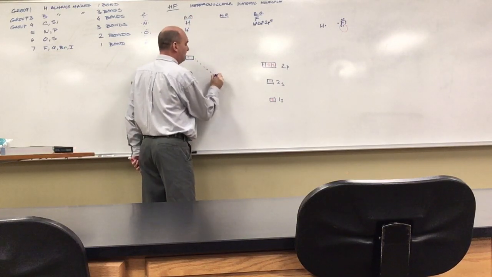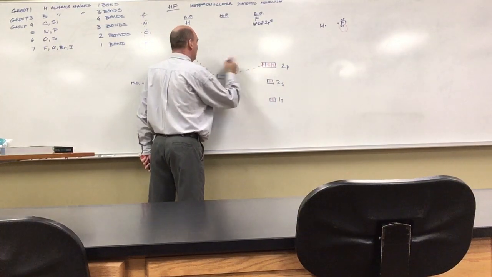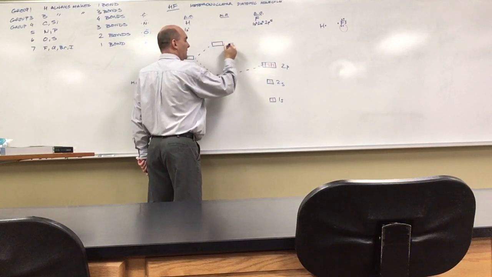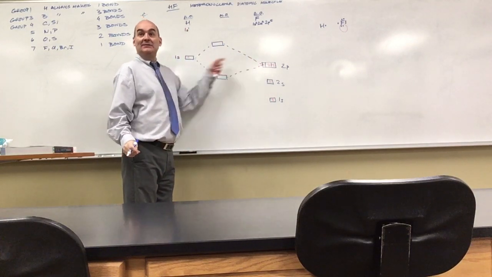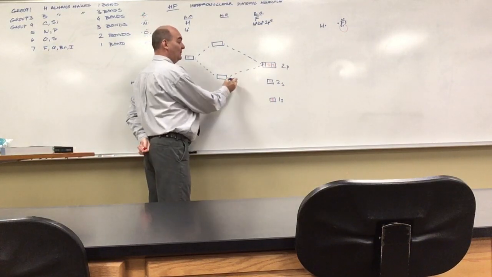So, one of my molecular orbitals is going to be lower in energy than the individual atomic orbitals. What's it going to be called?